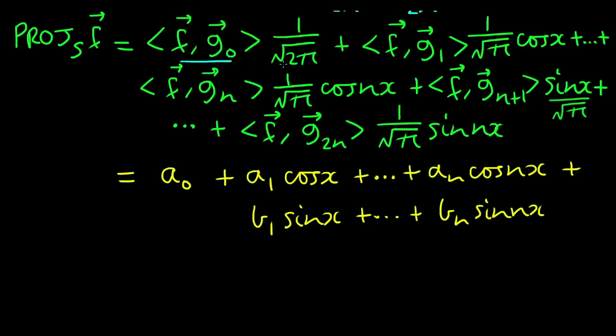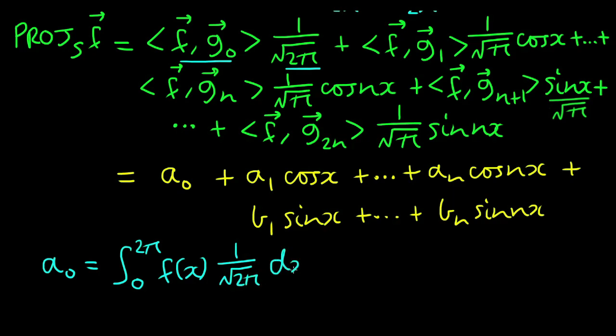So for example, this is a0. So a0 is the inner product between f and g0. So we have the integral of f of x by the basis vector g0, which is 1 on root 2 pi, and it's integrated over x, and we multiply this inner product by 1 on root 2 pi. So what you'd get is 1 on 2 pi by the integral of f of x with respect to x.